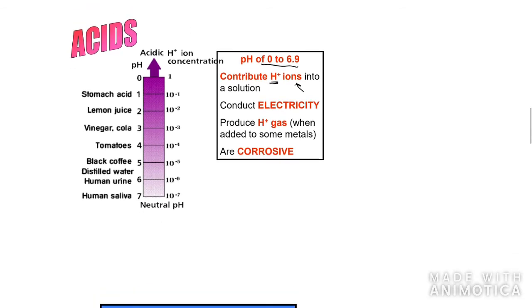So, acids, you can generally tell when something's an acid because it usually starts with hydrogen. There are some exceptions though.